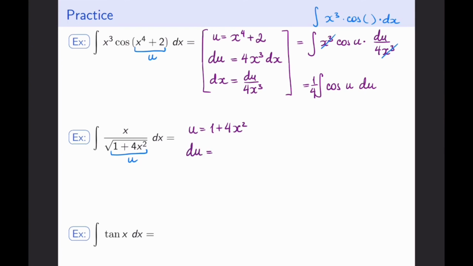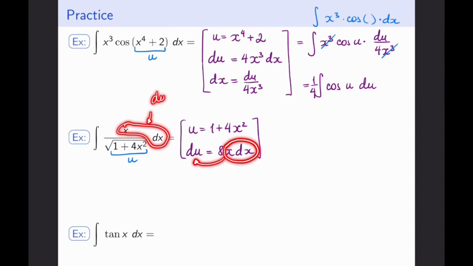Well, I'm going to have that du is 8x dx, and I can already see that this has good promise because x dx is exactly what appears in my integral. So I can replace x dx, which is what's there, by du over 8. So this is looking promising because now I'm going to have du over 8 over square root of u, and I'm going to let you carry out the simplifications to make sure that it works out.